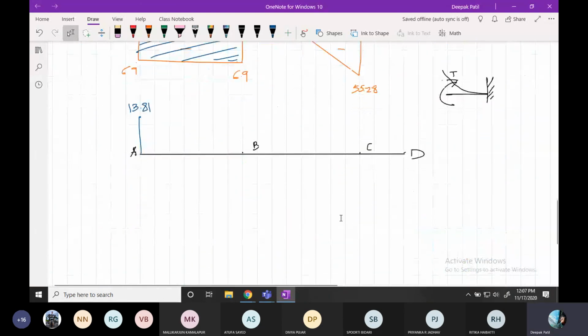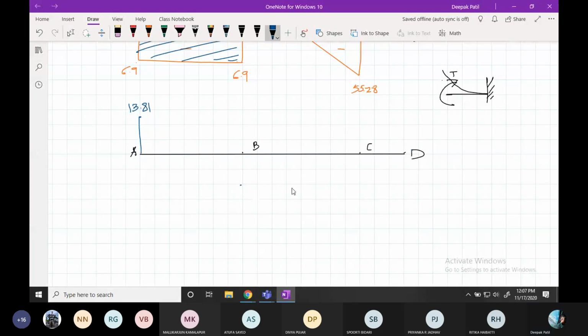So your bending moment diagram will be something like this. I will draw it directly, and you can cross check the things later. It will be straight here, it will go down, and from here to here it will be straight. This value will be 27.5.